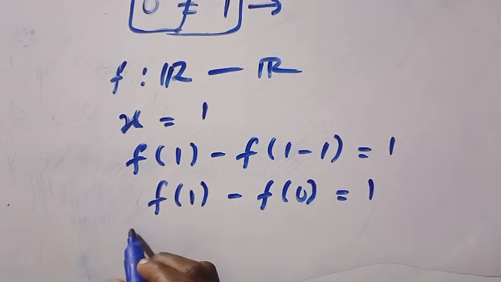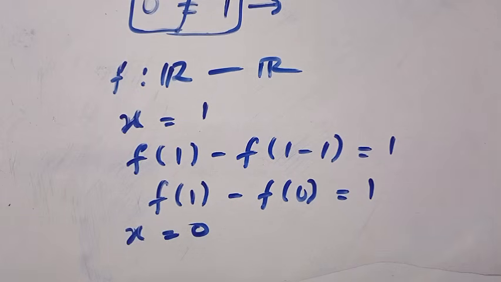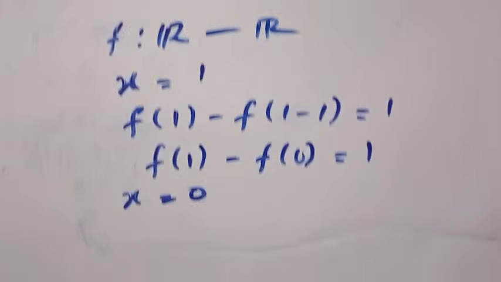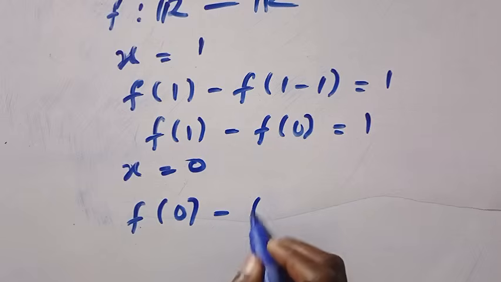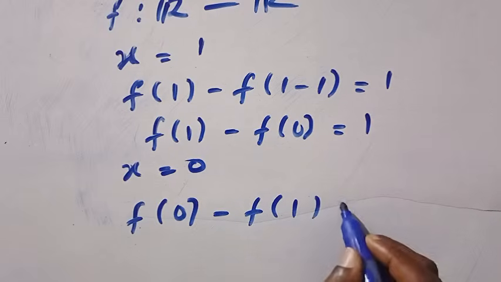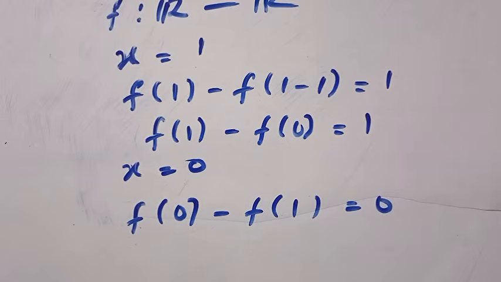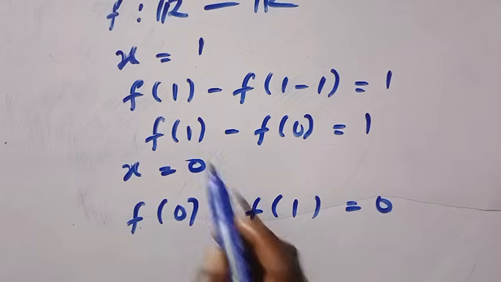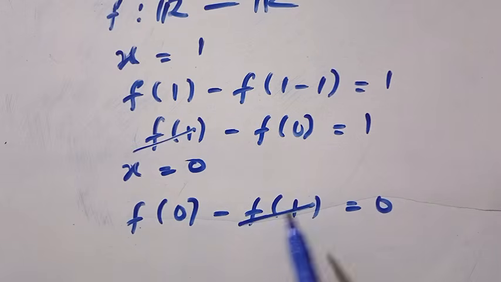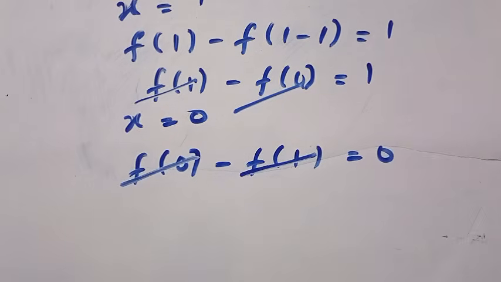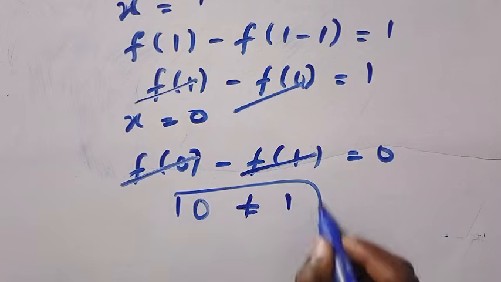And let's test if x equals 0. Setting x equals 0, we have f of 0 minus f of 1 equals 0. Bringing these two equations together, f of 1 cancels f of 1, f of 0 cancels f of 0, so we have 0 equals 1. This can never be equal as well.